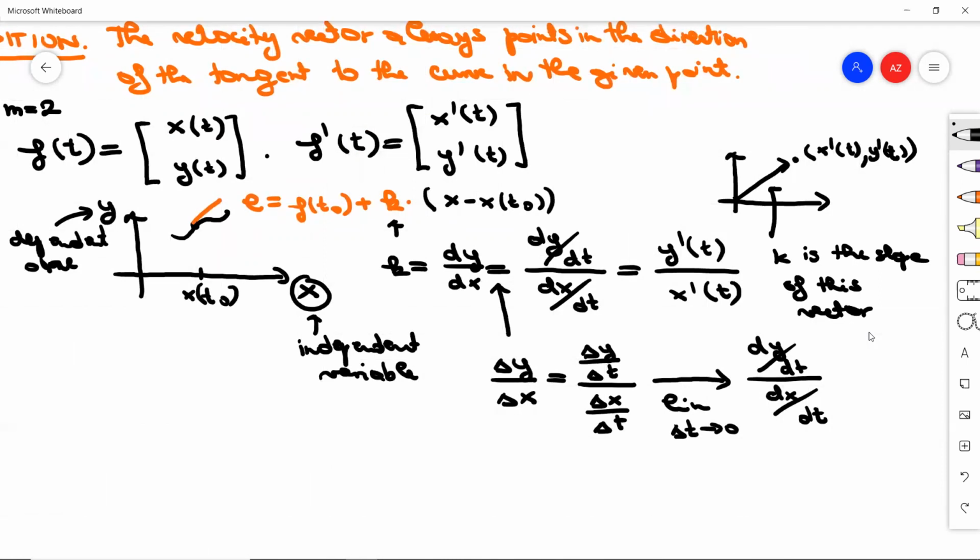This means that the tangent has the same slope as this vector, which means that the tangent really points in the direction of the derivative of f.